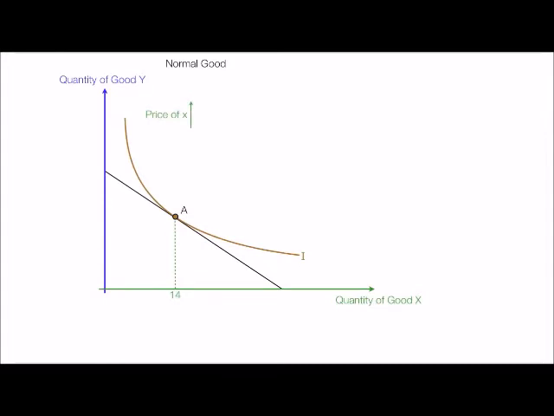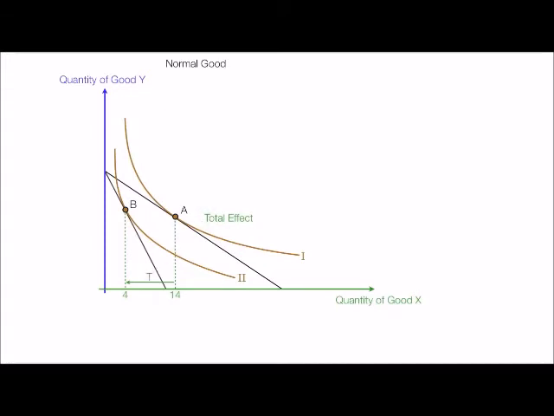The price of X goes up, so the consumer will consume less of quantity of X. So what you're going to see is that the budget line is going to rotate inward and the consumer will be able to buy less. I will draw in another indifference curve, and the consumer will consume at point B and consume 4 units of quantity of good X. So the total effect is that distance there.